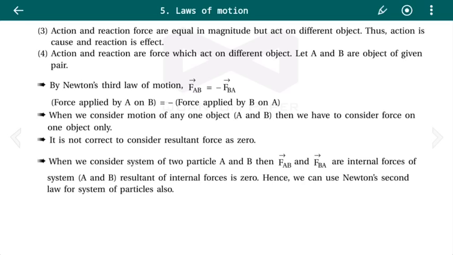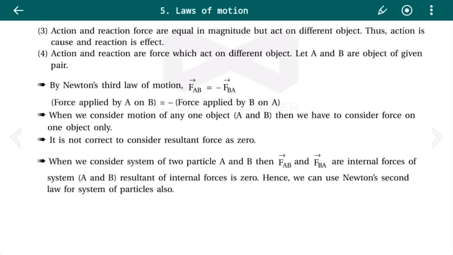When we consider a system of two particles A and B, then F_AB equals minus F_BA are internal forces of the system A and B. The resultant of internal forces is 0. Hence we can use Newton's second law for a system of particles also.